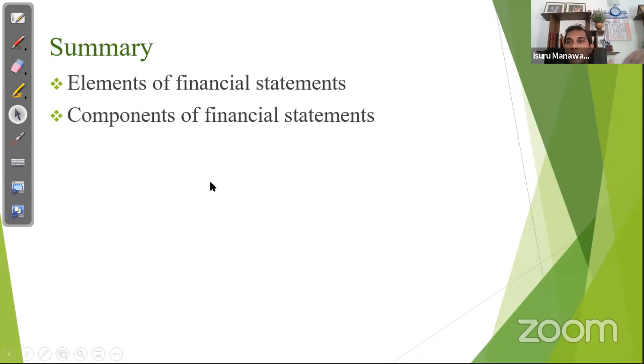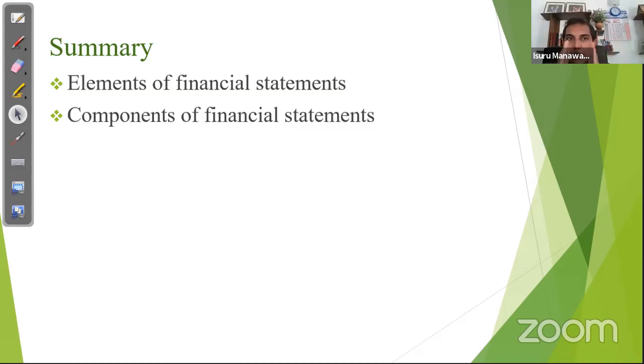Now we came to the end of the session. I explained mainly two things: elements of financial statements and components of financial statements. Now you know the differences between elements and components, and the linkages between them, right? If you understood clearly, you are not going to mix those two words.